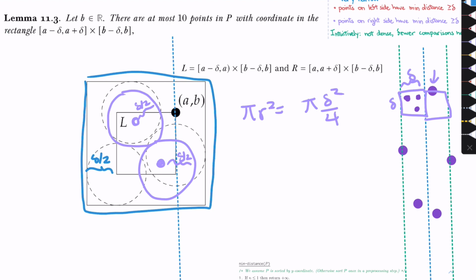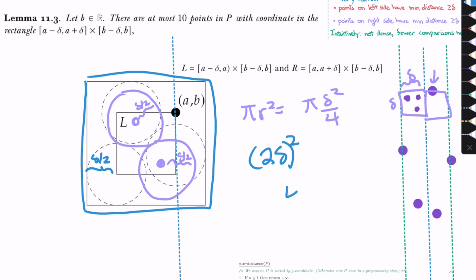How much area is the outer square? The outer square has area 4 delta squared. So every ball is taking up area pi times delta squared over 4 out of a total of 4 delta squared.